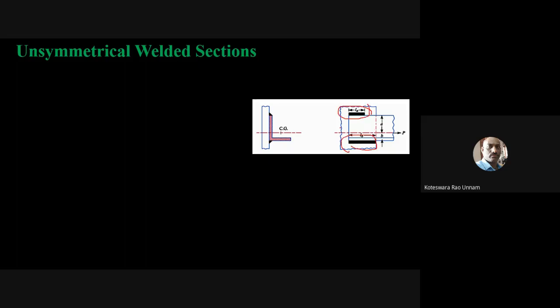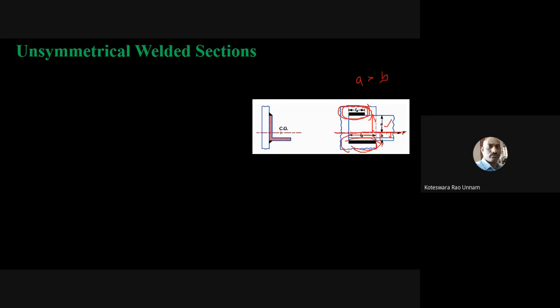You can see that here, this is the center line of the weld. That means the center of gravity of the weld lies on this line, which is not symmetric here. This side you have more distance when compared to this distance. This distance is taken as A and this distance is taken as B. From this diagram you can clearly observe that A is greater than B. Why? Because this side you have less force, and this side you have more force.